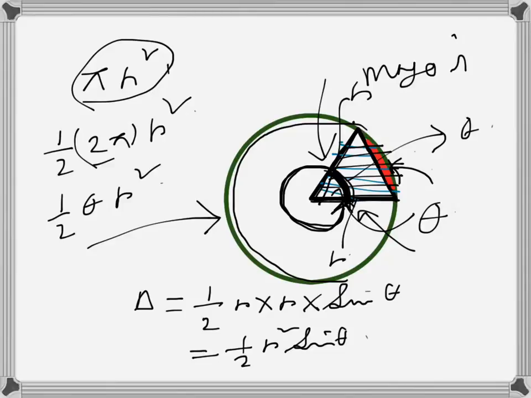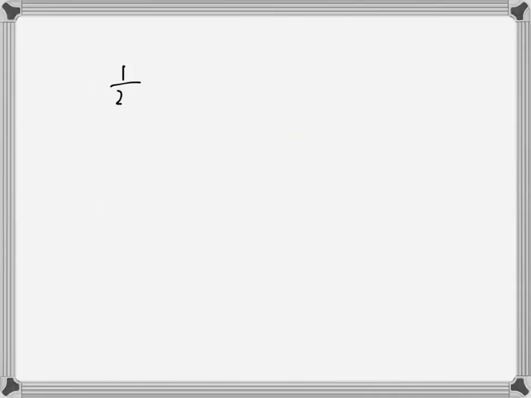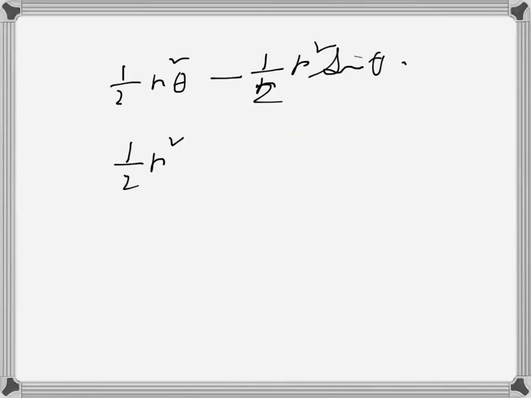So the area of the minor segment, which is the red one, will be this area subtracted by this area. So half r square theta minus half r square sine theta, which can also be written as half r square times theta minus sine theta.